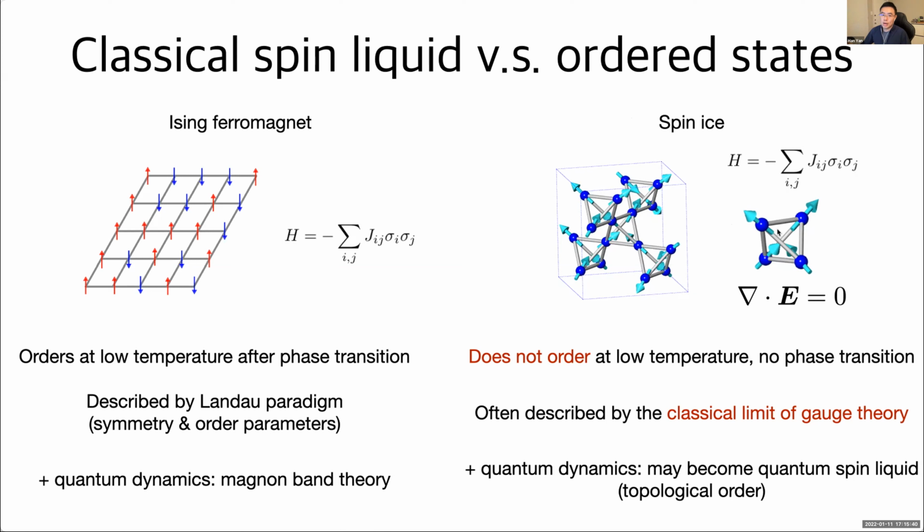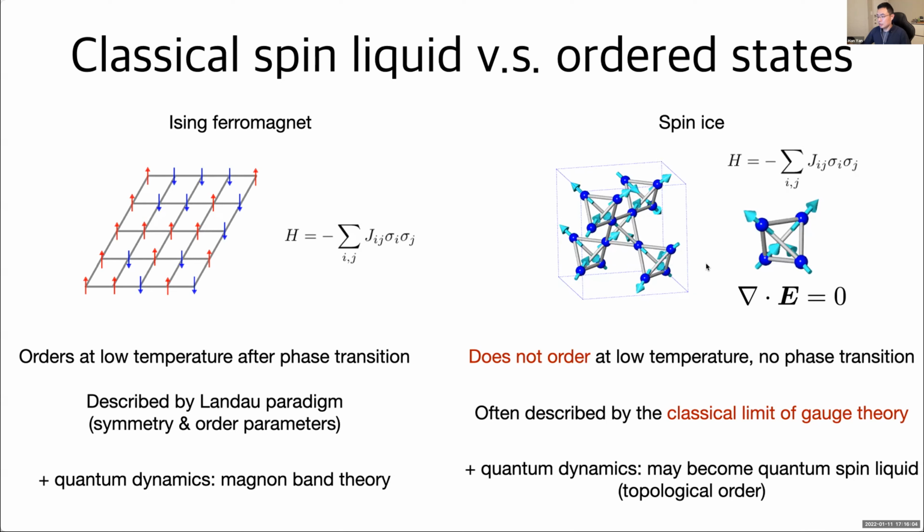So you have two in, two out, which we call the ice rule, which is actually analogous to the divergence-free Gauss law. Okay, so for this system, as you can imagine, it has many ground states. It's actually extensively degenerate because there are many different ways to arrange your spins to satisfy this ice rule.